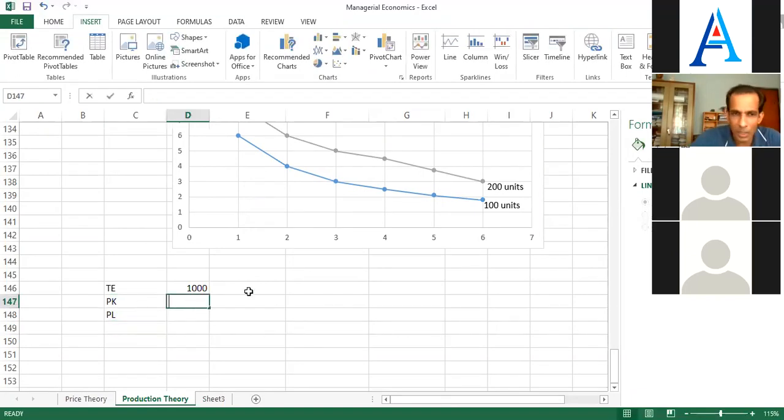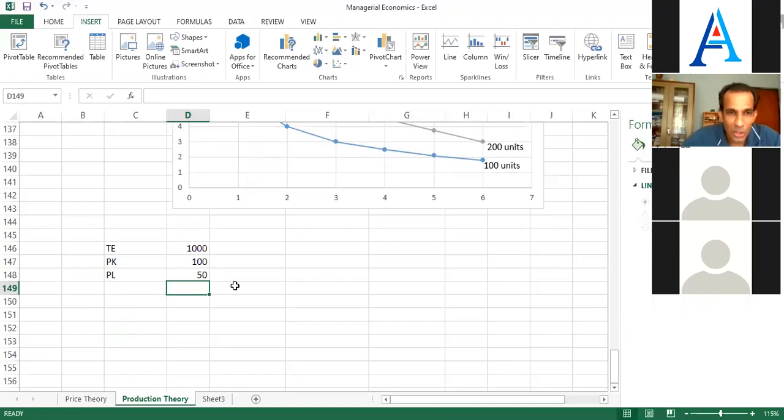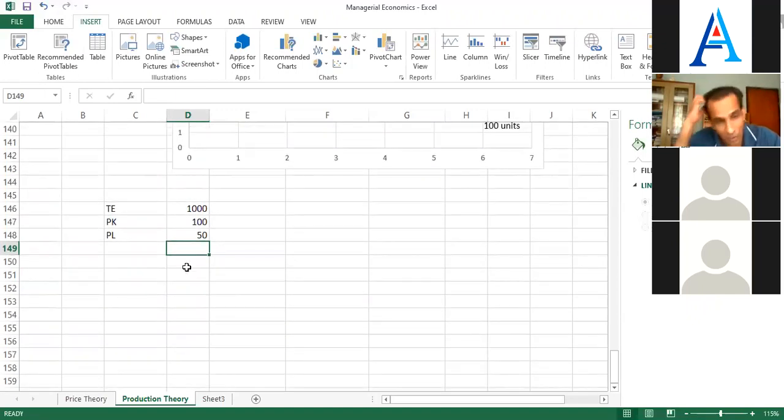Suppose the price of capital is 100 and the price of labor is 50. Now, using this, we can identify the different levels of labor and capital this firm can purchase, and the maximum level of labor and capital this firm can purchase.